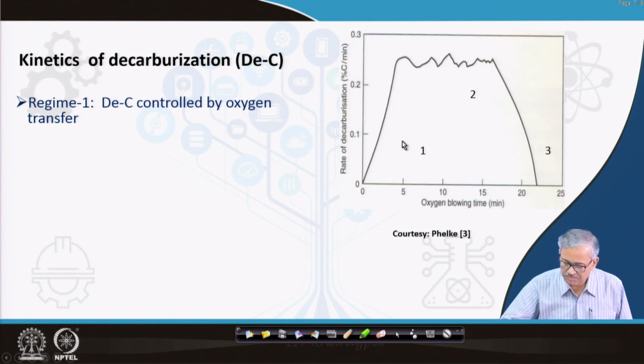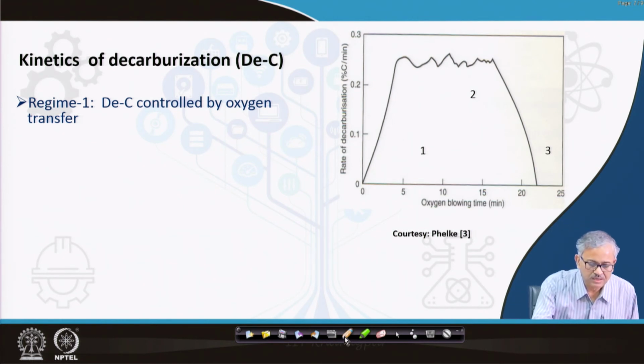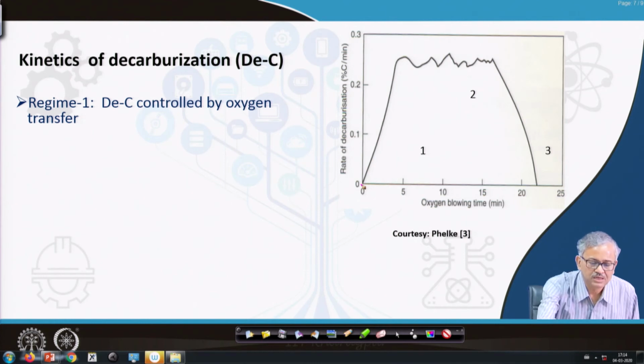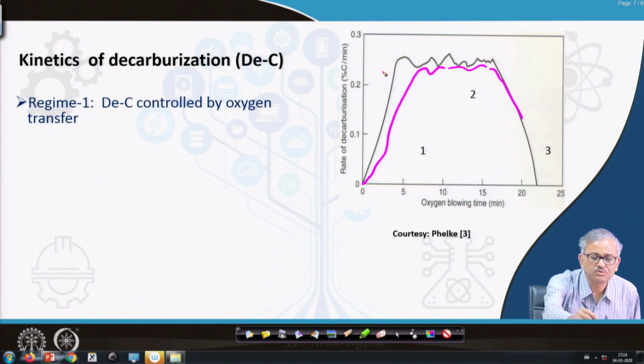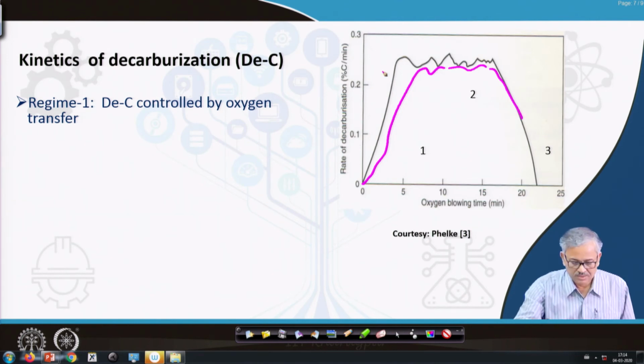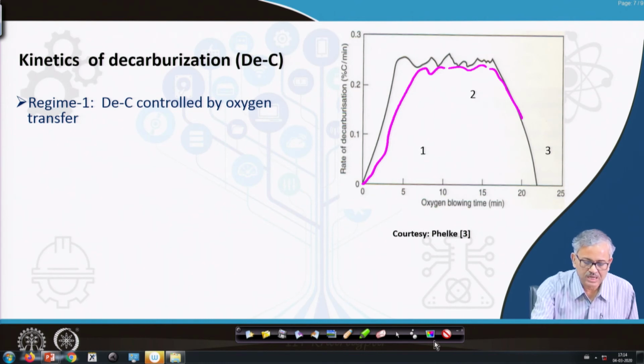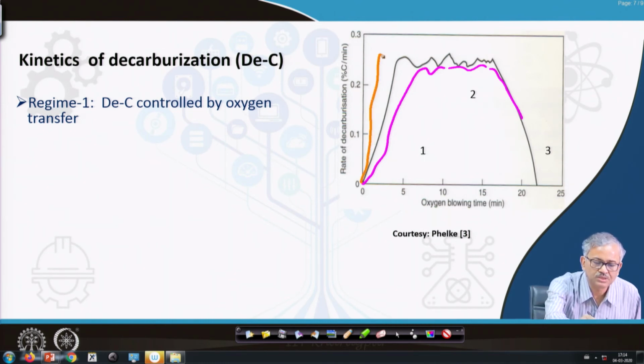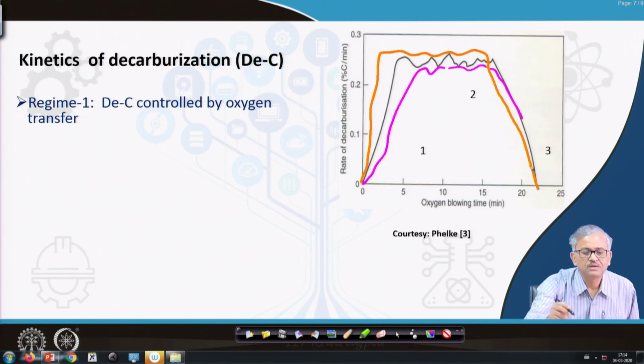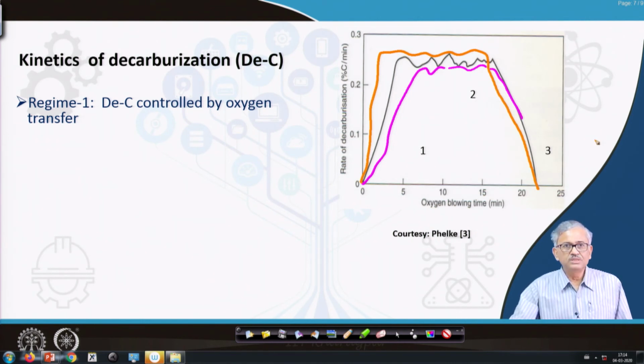So the initial rate may be like this, it can go this way, it can go that way and then come down, or it can go further like this. In this case the decarburization rate initially is very fast.